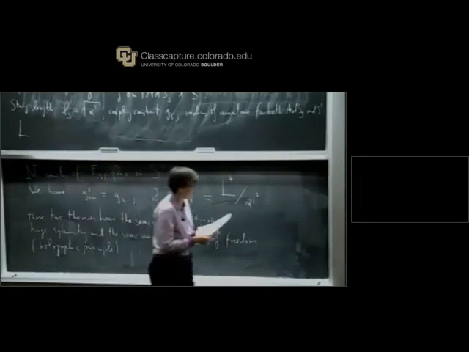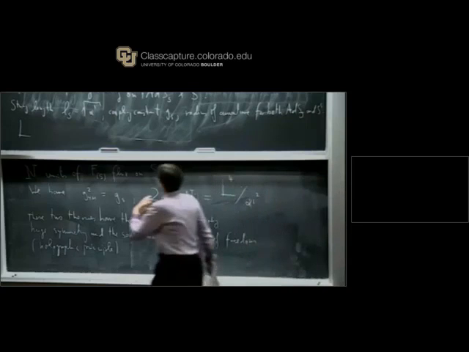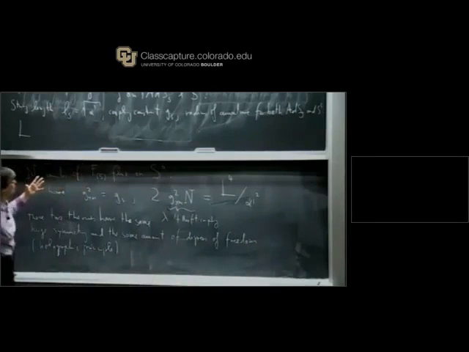Good. As I said, here I'm just telling you what the proposal of Maldacena is. But an essential part of my lecture this week will be devoted to explaining everything written on these two blackboards. Here I'm giving you a summary.